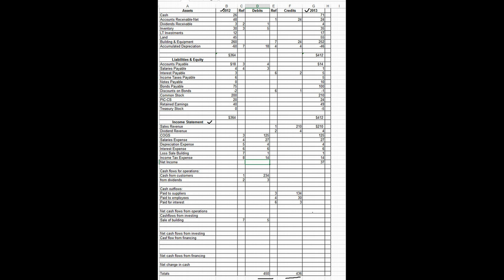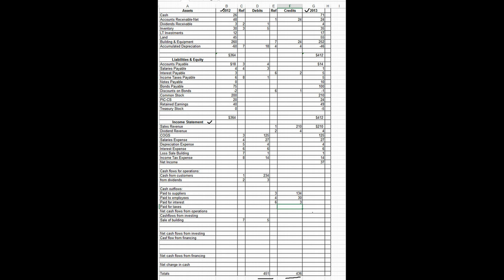So I am on transaction 8, and my payable went down 1. That must mean it was debited, so I'll record a 1 there. And then I'll record my tax expense of 14. So paid for taxes must be the sum of those two.